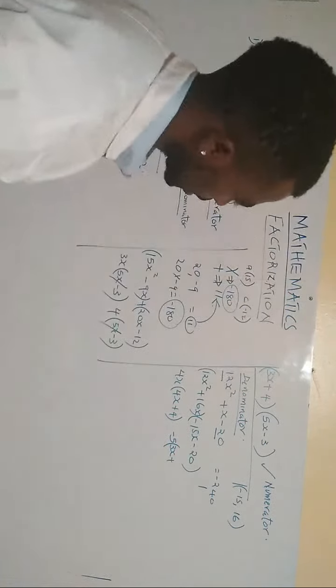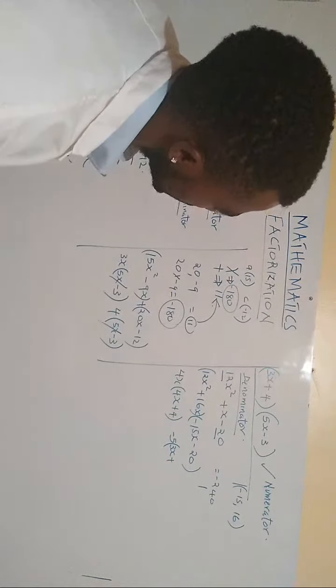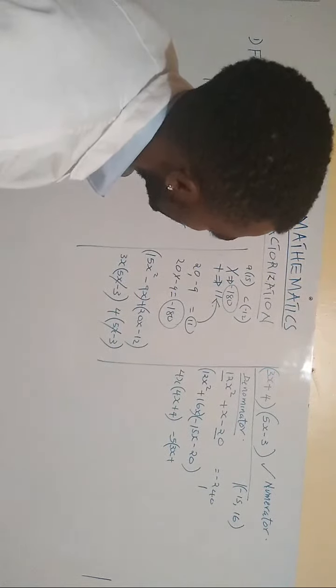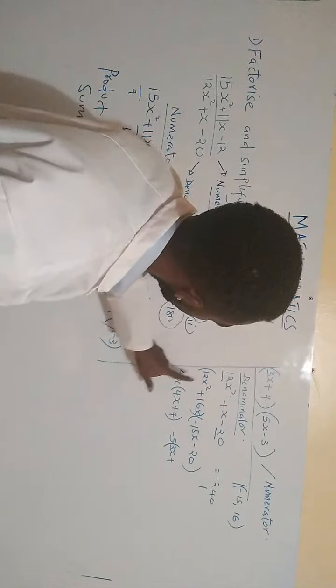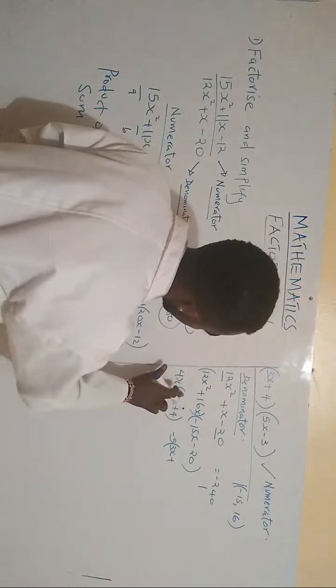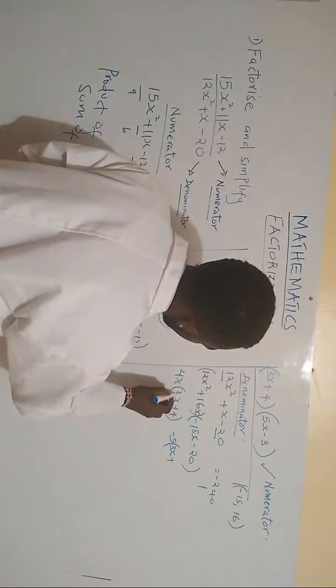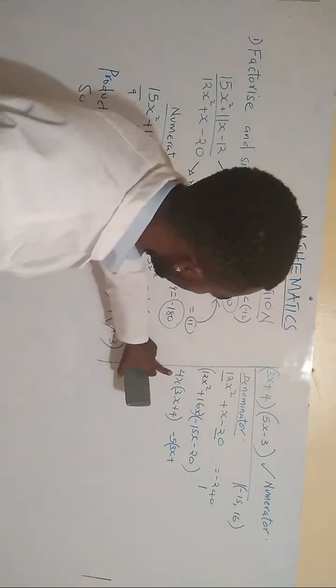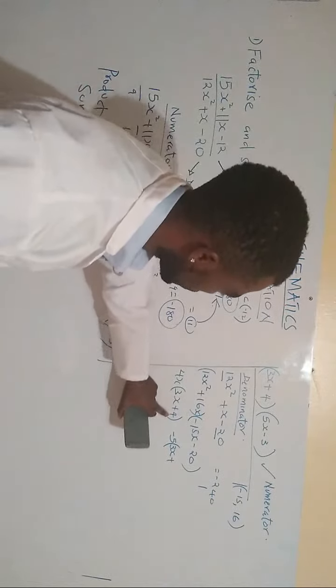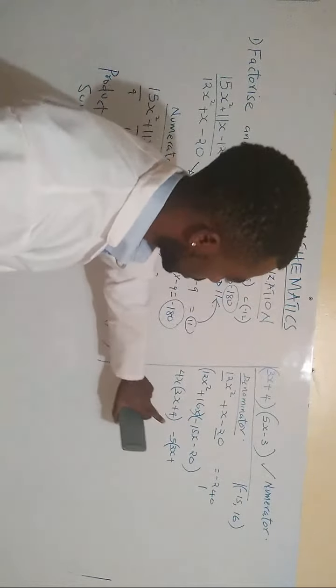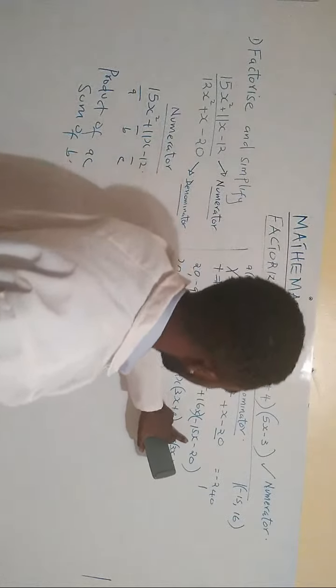Are we on the same track? So this was 4, and this was 3. 4x multiplied by 3x is 12x squared. 4x multiplied by 4 is 16x. Good. We factor out here, we have negative 15x minus 20.